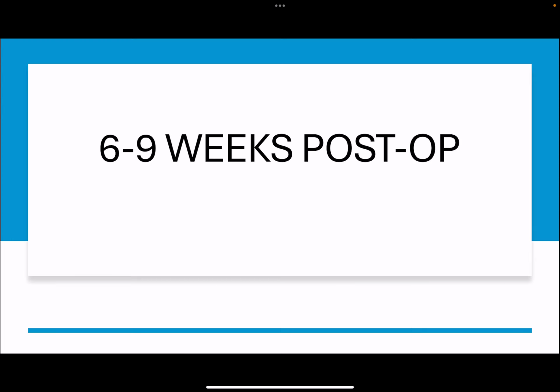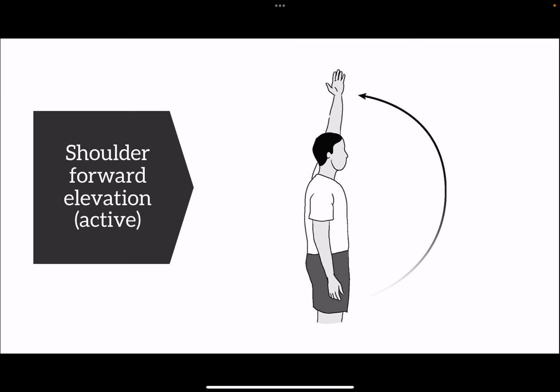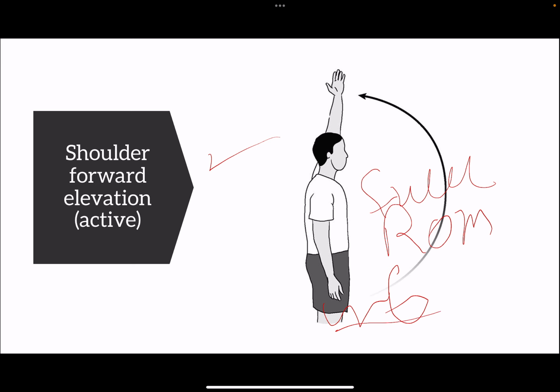Okay. 6 to 9 weeks post-operative, shoulder forward elevation actively, full range of motion. At week 6 to gain full range of motion, to avoid putting a lot of stress on the AC joint in the first 6 weeks.